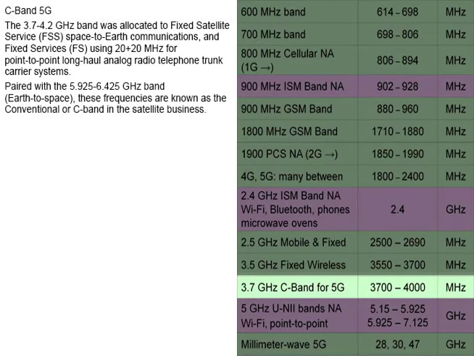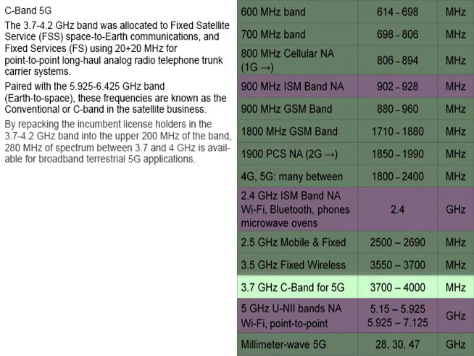Paired with the 5.925 to 6.425 gigahertz band, that's for Earth to space, these frequencies are known as the conventional or C-band in the satellite business. By repacking the incumbent license holders in the 3.7 to 4.2 gigahertz band into the upper 200 megahertz of the band, 280 megahertz of spectrum between 3.7 and 4 gigahertz will become available for broadband terrestrial 5G applications.